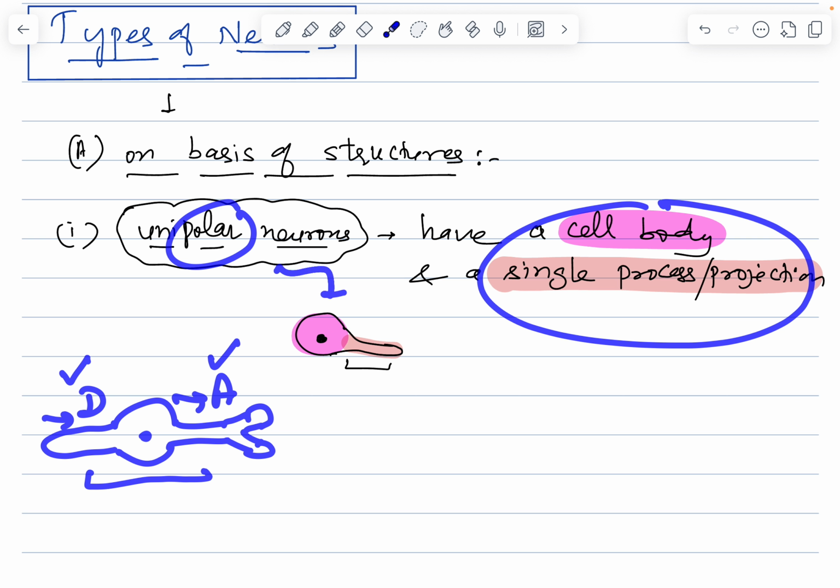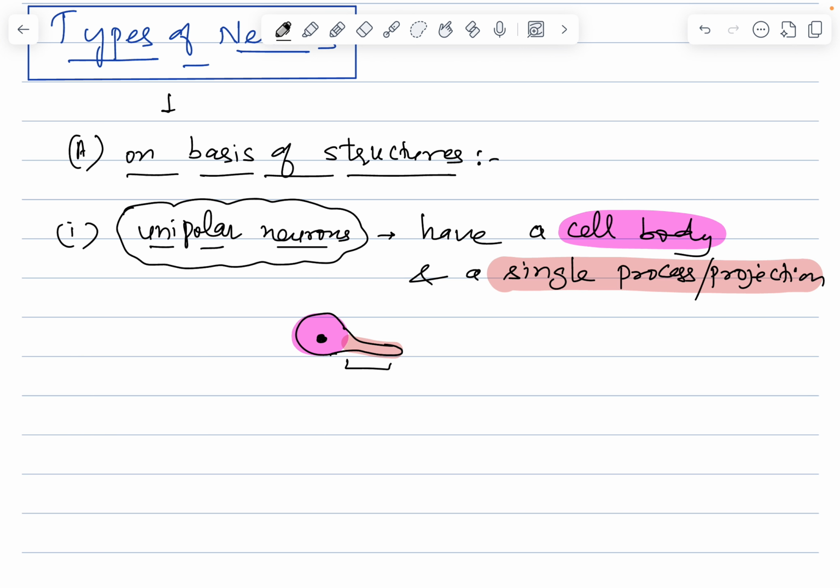A neuron having a single process is not going to do anything, because in a single process you can neither collect nor transmit. Okay, so unipolar neurons have got a cell body and a single process which cannot behave as dendron or axon. It's nothing basically.